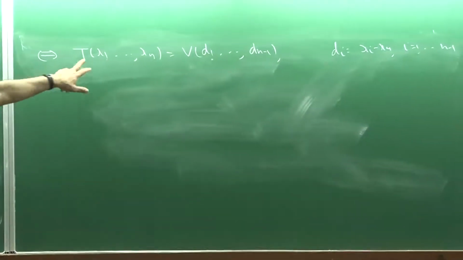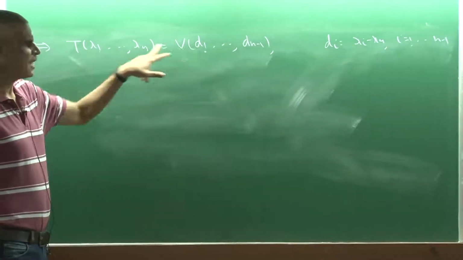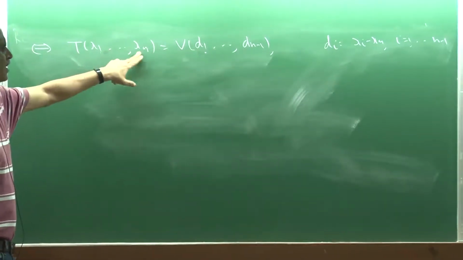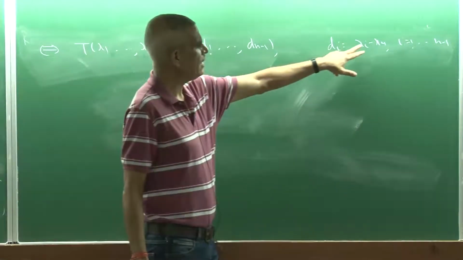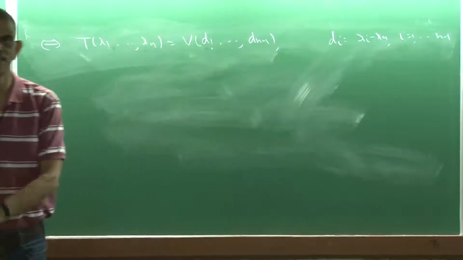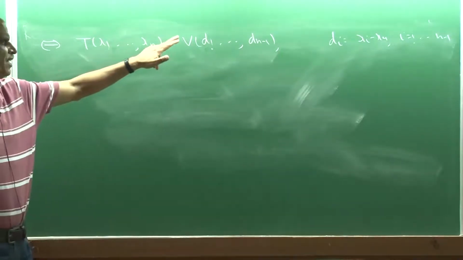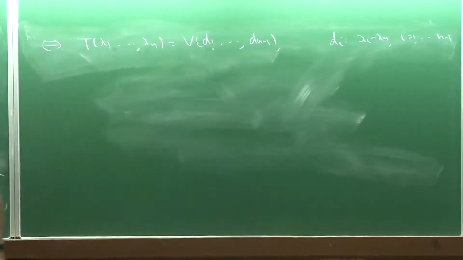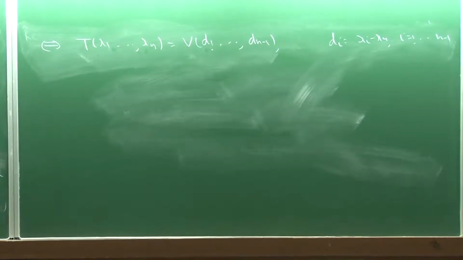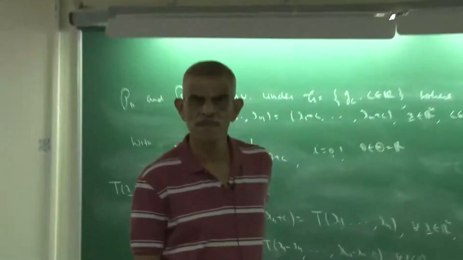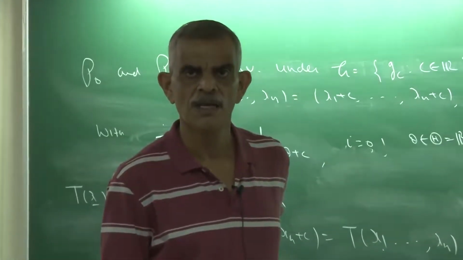The converse is also true, because if any statistic is a function of d1, d2, ..., dn minus 1, and I apply x1 plus c, ..., xn plus c, in di it will become xi plus c minus xn plus c, the c would get cancelled, so di remains as it is. So T of x1 plus c, ..., xn plus c would be the same as V of d1, d2, ..., dn minus 1, which is the same as T of x1, x2, ..., xn. So a statistic is invariant if and only if it is a function of d1, d2, ..., dn minus 1. So what does that mean?